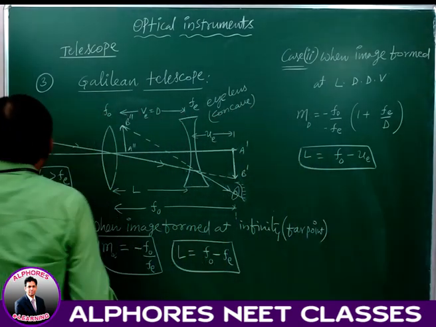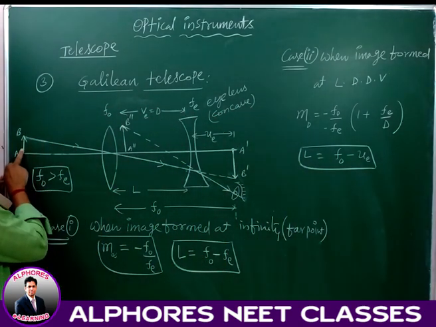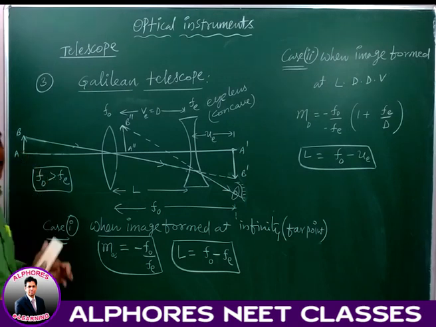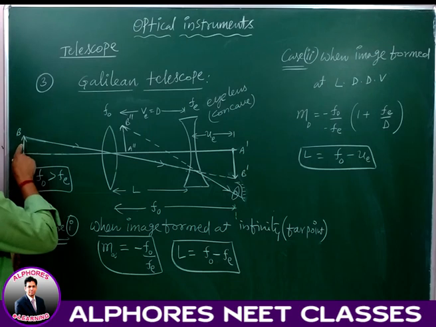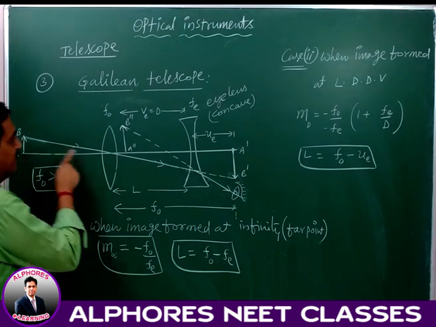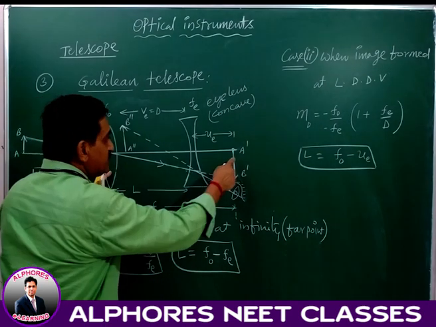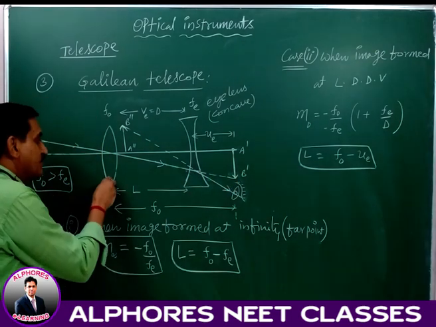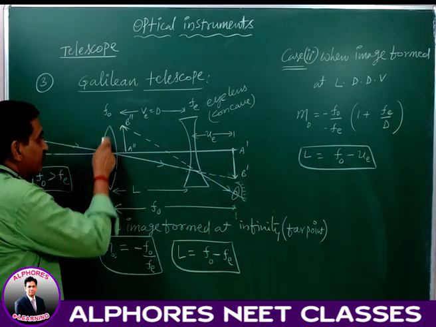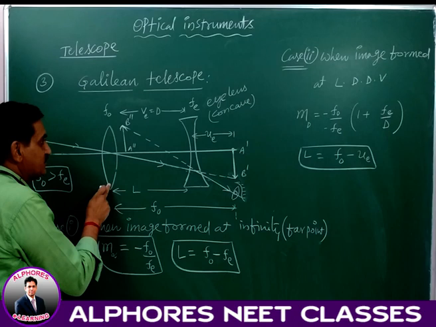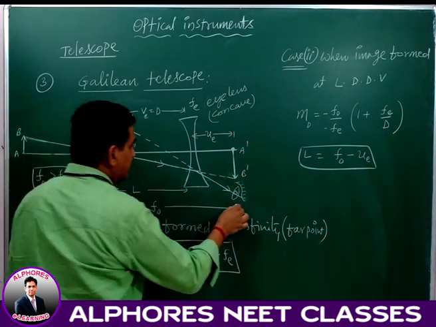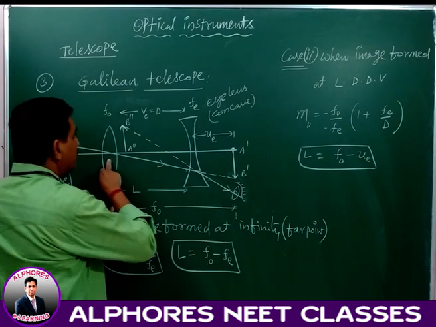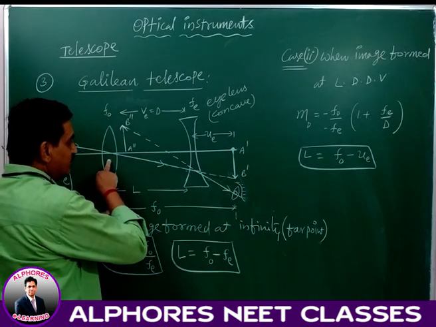Now here the object is AB, so it is a Galilean terrestrial telescope. This is the object. Straight away its corresponding image is formed at its focus point. Where is the focus point of the field lens? The field lens has its own focus point here. From here to here is the focal length of the field lens, that is the objective lens.